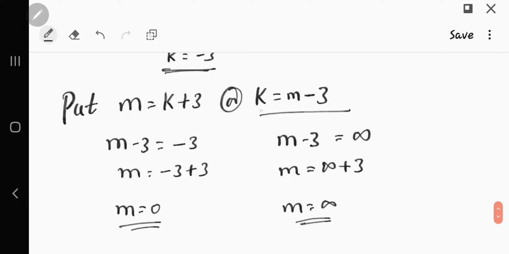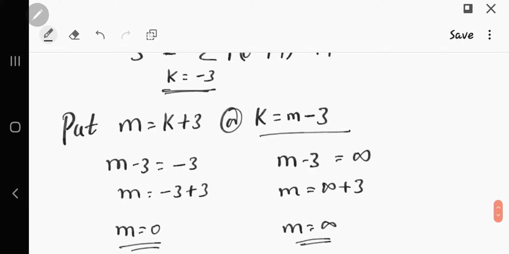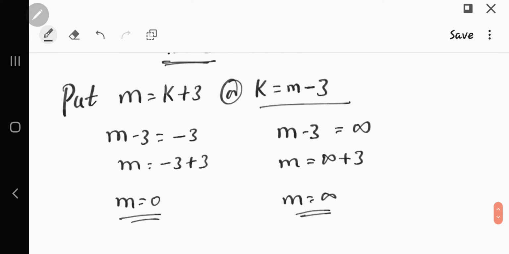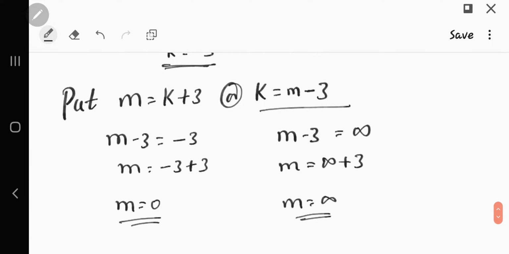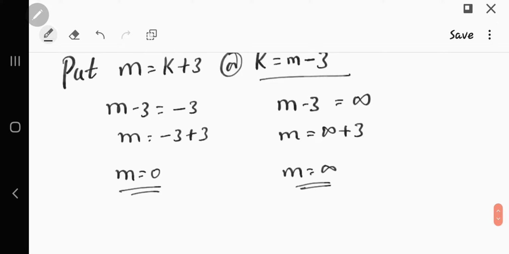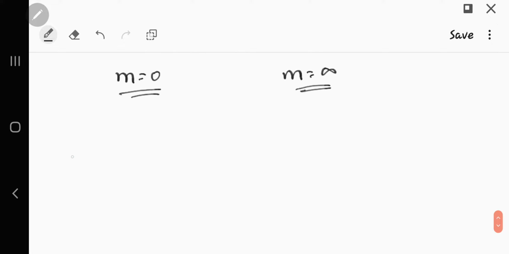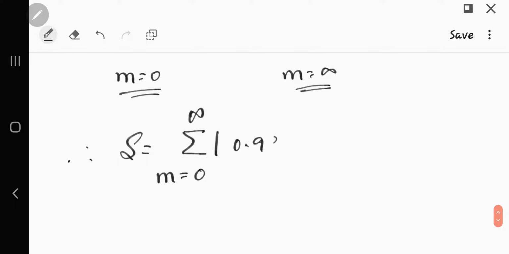So I got my limit from 0 to infinity. If this happens, then I have to substitute k with this m minus 3 value, or m is equal to k plus 3 in other words. So let's do this. Therefore, S is equal to summation m equals 0 to infinity, and here I had 0.99 to the power of k.